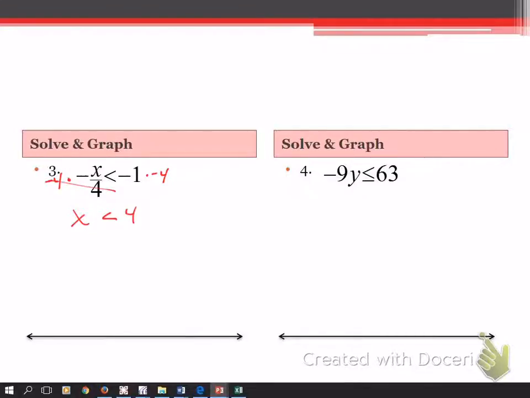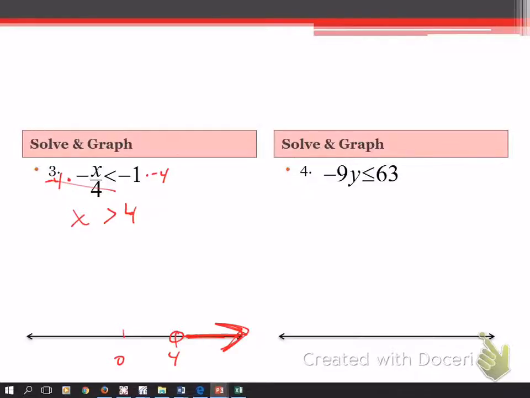And now, wait a minute, we multiplied by a negative, so you've got to flip the inequality sign. So now x is greater than 4. 0 here, 4 here. Open circle on 4 because the inequality is not equal to, which means that 4 is not going to be a solution. And all of our solutions are indeed greater than 4, so we need to go to the right.